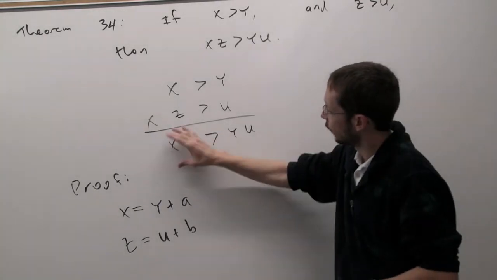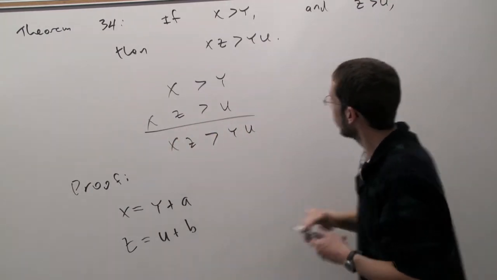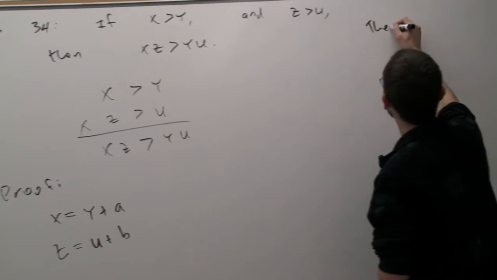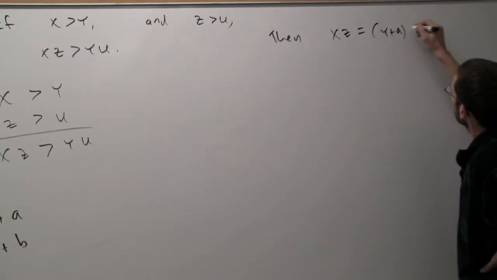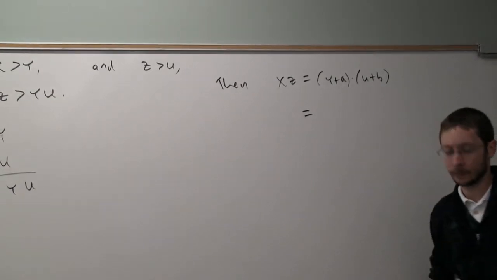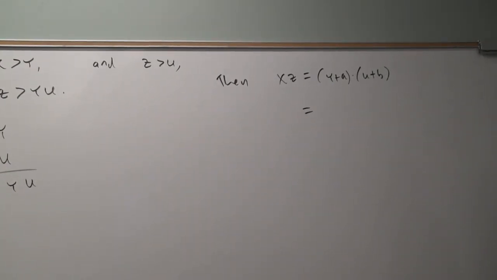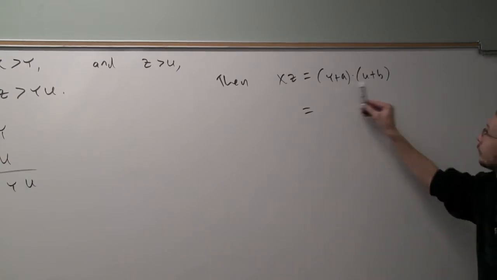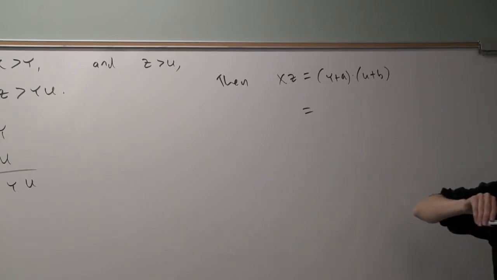Then all we want to do is establish this inequality. So we just multiply x and z together. X times z is the same thing as y plus a little times u plus a little. And now we have a set of parentheses. Many people might start thinking FOIL: first, outer, inner, last.